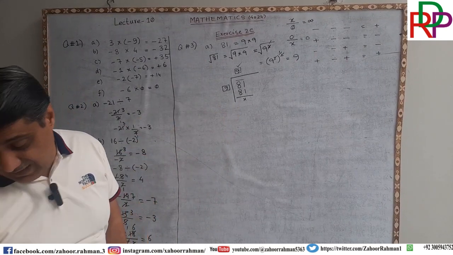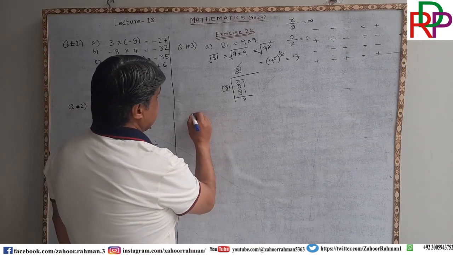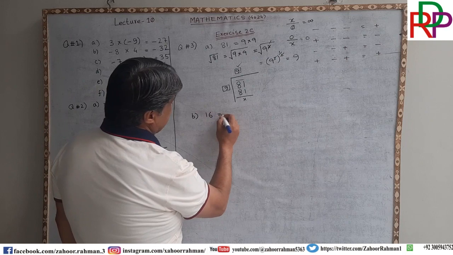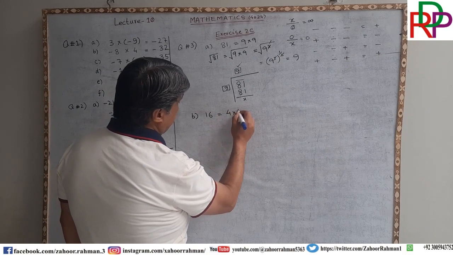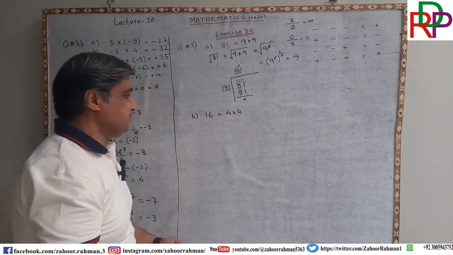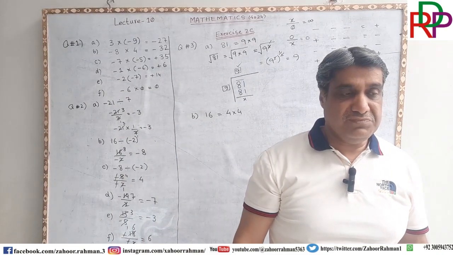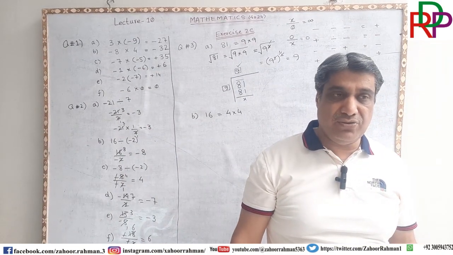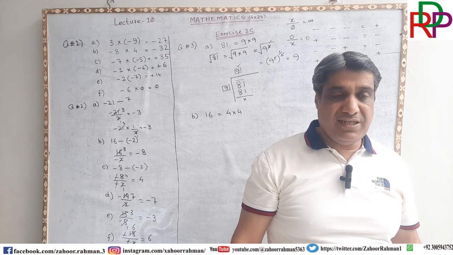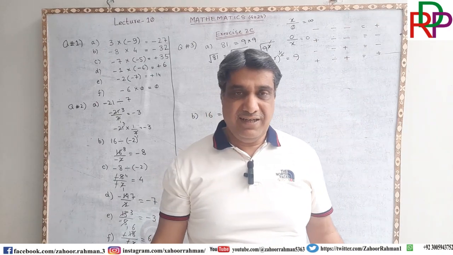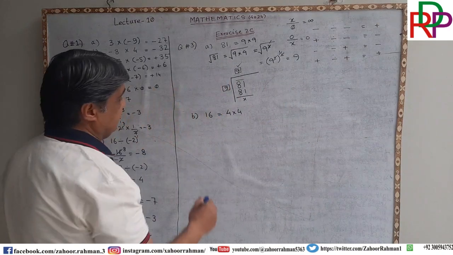The second one is saying 16, which is very easy. 16 is equal to 4 fours. You can say that 2 eights is also 16. Why are we not taking 2 eights? Because we will not find any square in the answer.